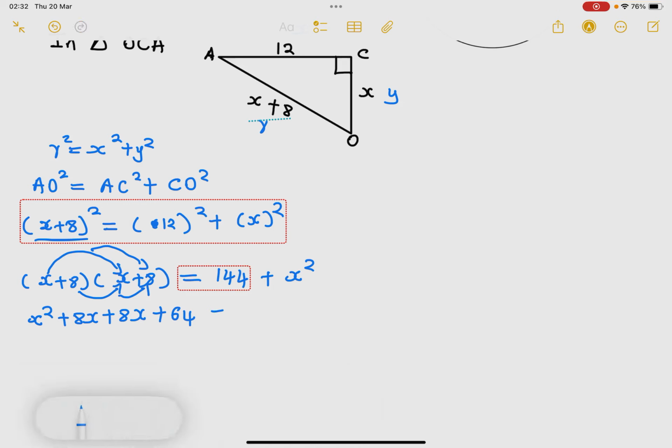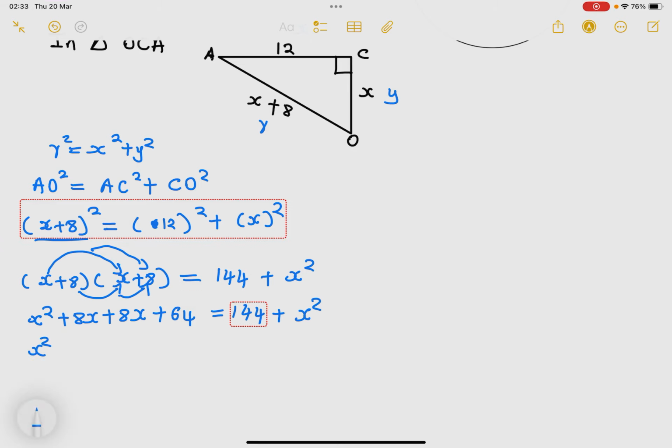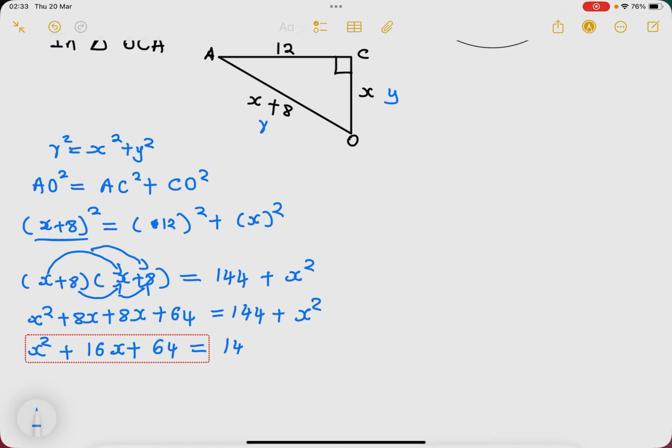This equals 144 plus x squared. What is 8 plus 8, ladies and gentlemen? I'm just going to find x squared plus 16x plus 64 equals 144 plus x squared.